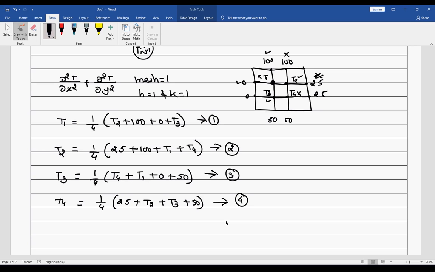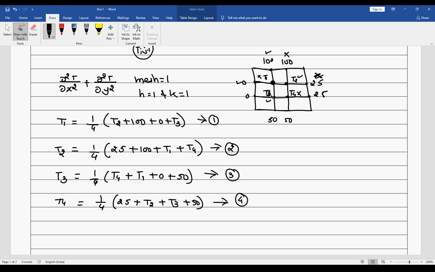In Gauss-Seidel, we have studied that we started with an initial guess of 0, but I told you that the initial value depends upon what kind of problem you are trying to solve. Here I am solving a temperature based problem, so it is obvious that T1 and T3 will be somewhere near 50 degrees Celsius. There is no point assuming T1 and T3 to be 0 at the beginning, because it will take longer to stabilize the values during the Gauss-Seidel iteration process.